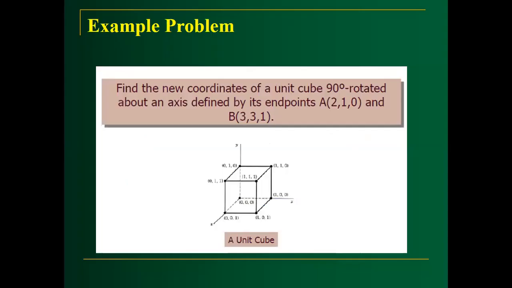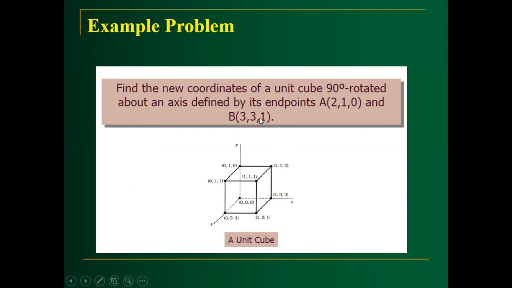Now take a unit cube which is having the coordinate axis something like this. What he says, find the new coordinates of the unit cube which has to be rotated 90 degree about an axis, that is that axis, defined by its endpoints 210 and 331.